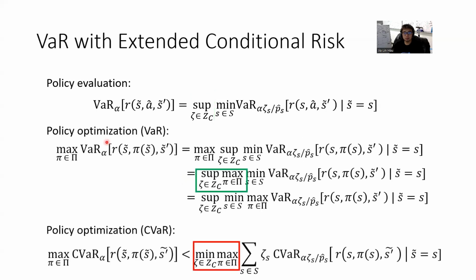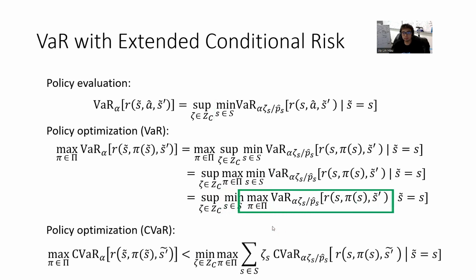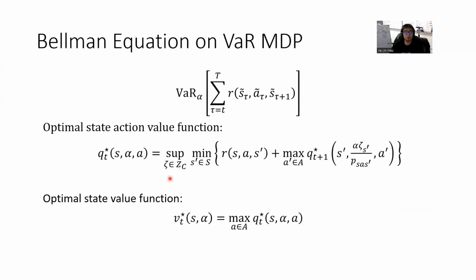So when you do policy optimization and move the max inside the supremum, you will not get a duality gap. Furthermore, you also have to move the max inside of the min over s, and according to Shapiro's interchangeability property, this will also not have a duality gap. As a result, you can write max of VaR in terms of max of conditional VaR. This is very useful because now you can derive a Bellman update that is accurate for your static VaR objective.